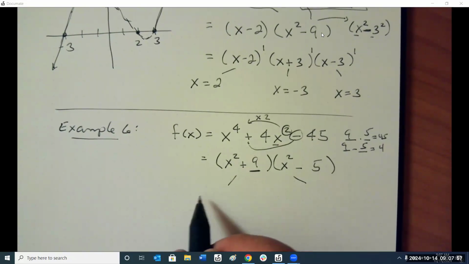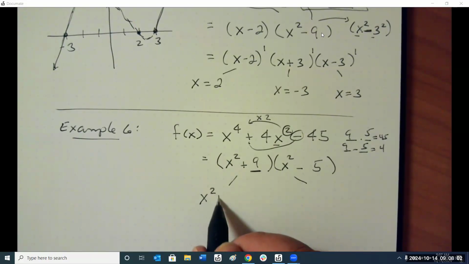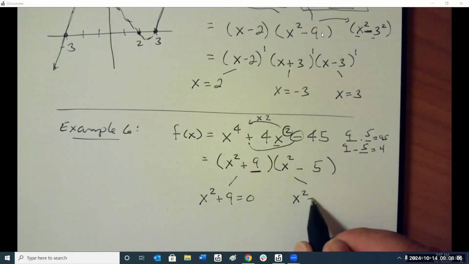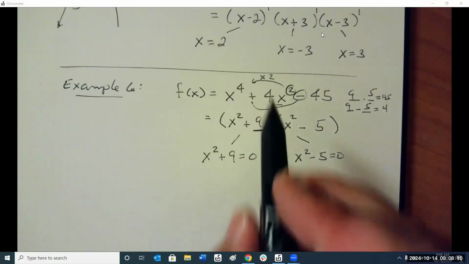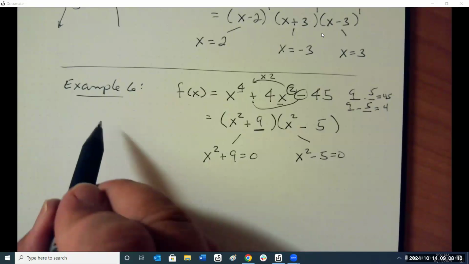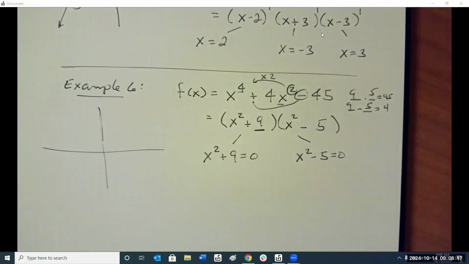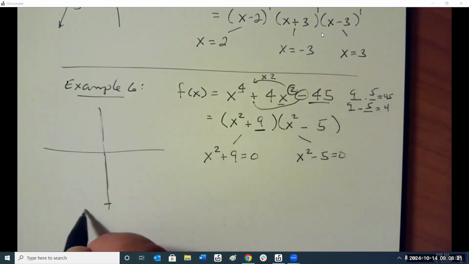Solving both of these, we see they're quadratic, so they each have 2 answers. X squared plus 9 equals 0. X squared minus 5 equals 0. We're supposed to have 4 answers. The y-intercept is at negative 45.